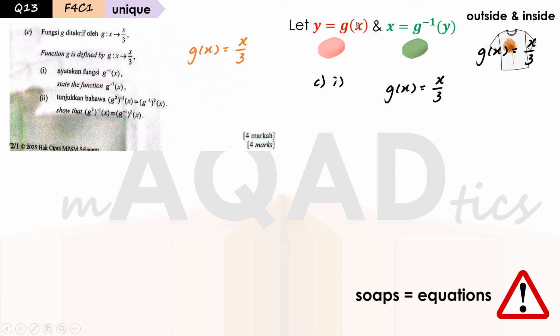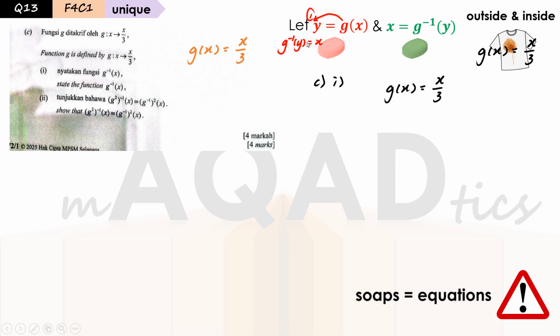So how did these two equations come out? Here we are given g of x, so let us assume that it is y. So this is for the first equation. And for the second equation, do we need to memorize this? Actually, we don't need to, because it is from the first equation. You can memorize it in this way: this g, if you move it to the other side, it's g inverse of y, and the right side of it is just x, because g we already moved to the left side.